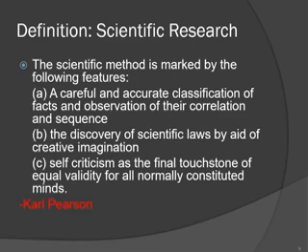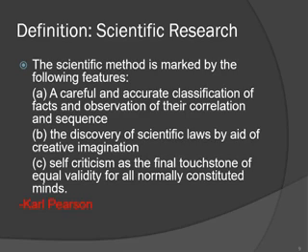Karl Pearson, the famous statistician, has provided different conditions under which scientific research actually survives. The conditions or features of scientific research, according to him, are a careful and accurate classification of facts and observation of their correlation and sequence.